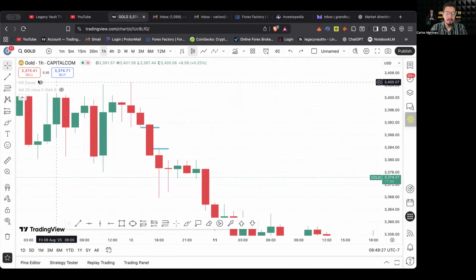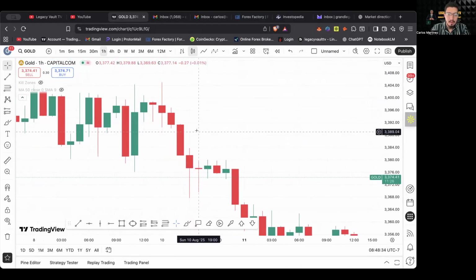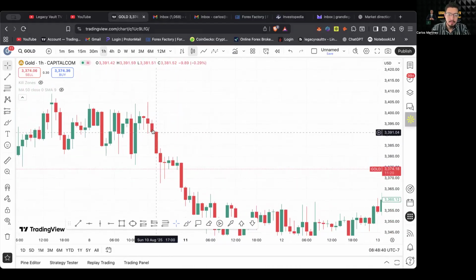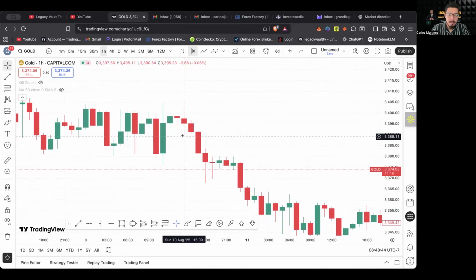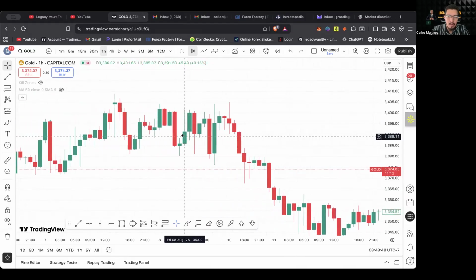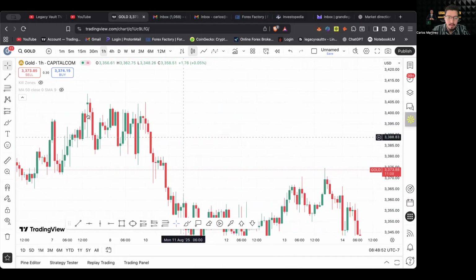So let's see here. Now that we know this is an imbalance, we can draw a zone here. We can also look for order blocks.